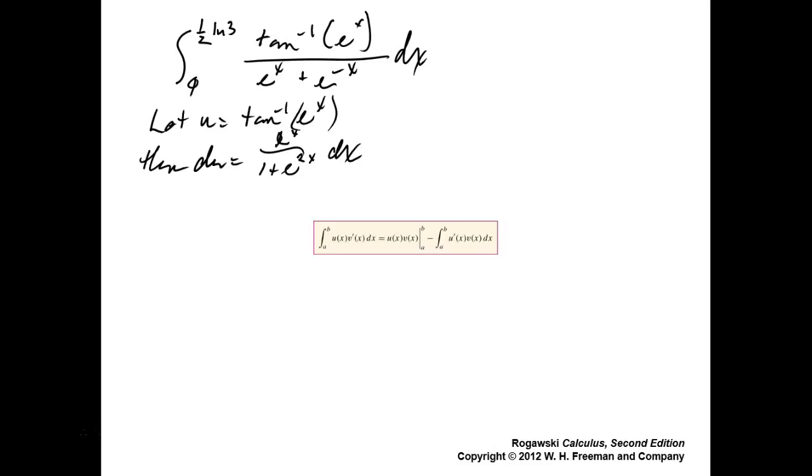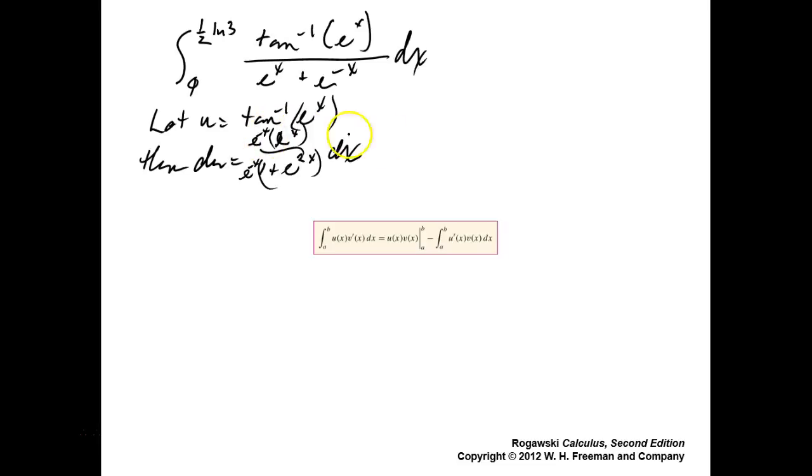Because this doesn't look like what we got up there, what I'm going to do is multiply numerator and denominator by e to the minus x. That's legal, isn't it? E to the minus x is never 0. It's always positive. It could get close to 0, but okay.